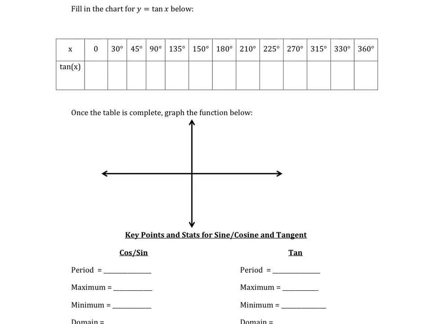So I know you all, if you had the time, could find me tangent of 0, 45, 135, and so on. But I'm just going to give it to you now so we can speed up and get to the important stuff.